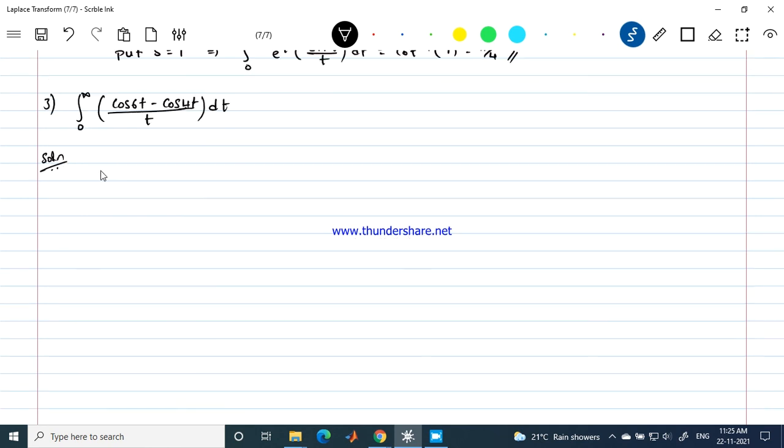In this problem, the exponential function is missing, so I will consider it as integration 0 to infinity e power minus st, so that finally if I replace s by 0, that will reduce us to this form, cos 6t minus cos 4t divided by t dt. This is nothing but Laplace of cos 6t minus cos 4t divided by t.